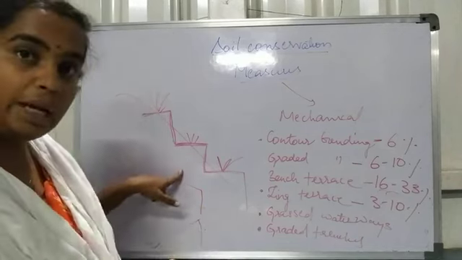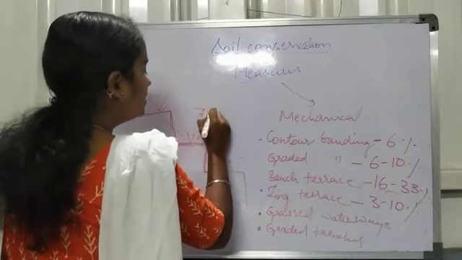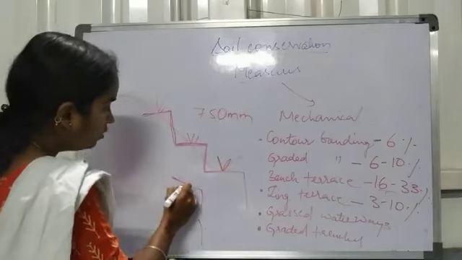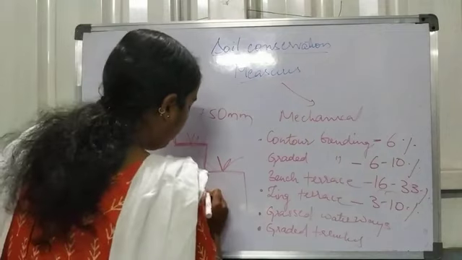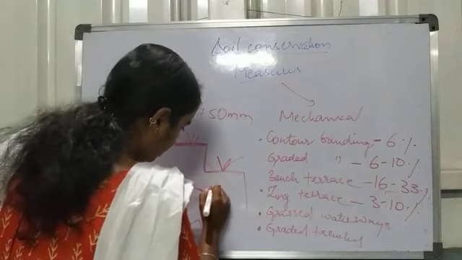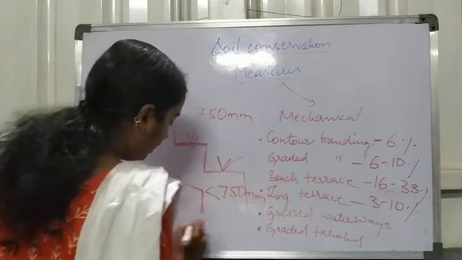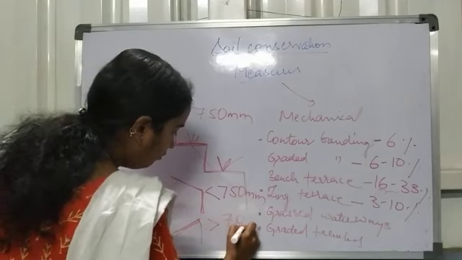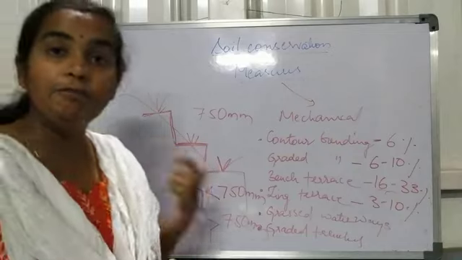If it is tabletop, it is used for rainfall of around 750 mm. If it is outside, the rainfall will be less than 750 mm. If it is inside, then it will be more than 750 mm of rainfall, and the soil is poor in infiltration.